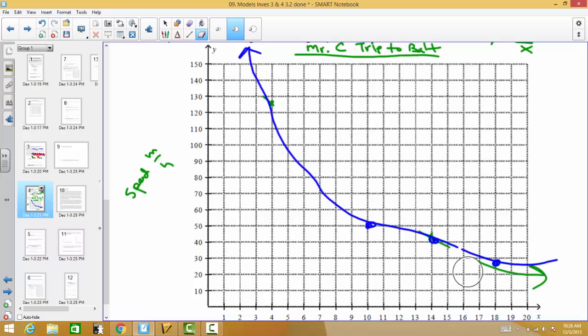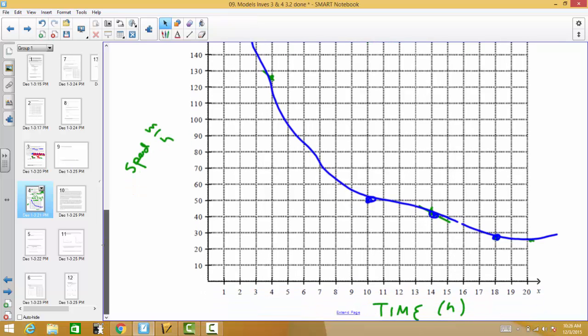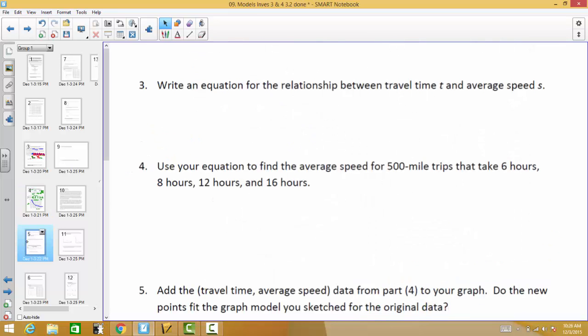But these hyperbolic curves can hit every single point, especially when you're making this from an equation. So again, speed, let's use our words, is 500 miles divided by time, or hours. So now the question is 6, 8, 12, and 16.